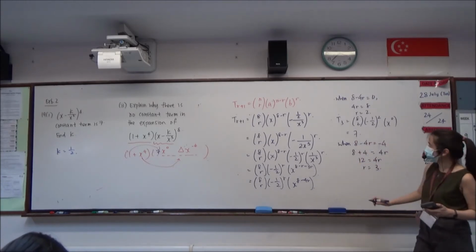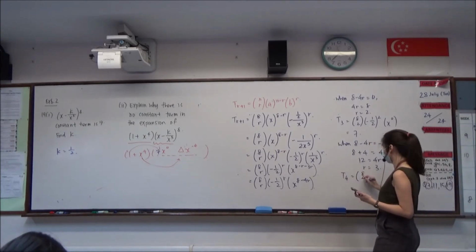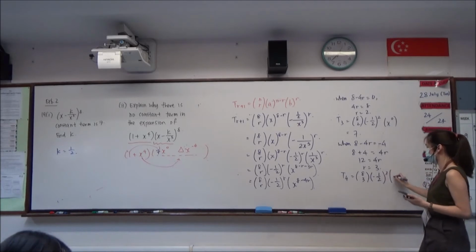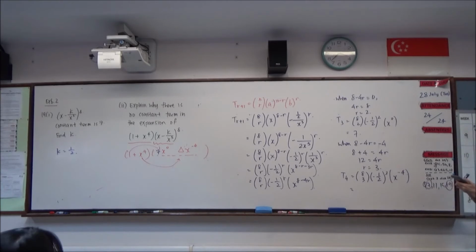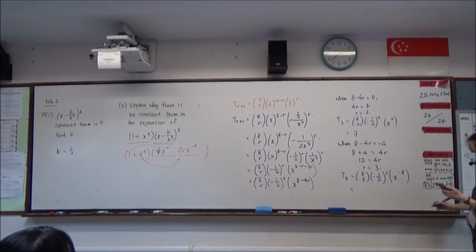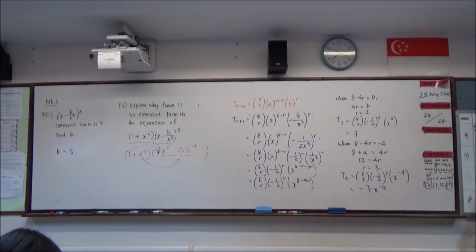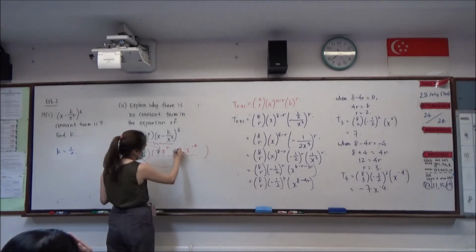So r is equal to 3. That means we're finding the fourth term. And we find that it is actually negative 7x to the power negative 4.